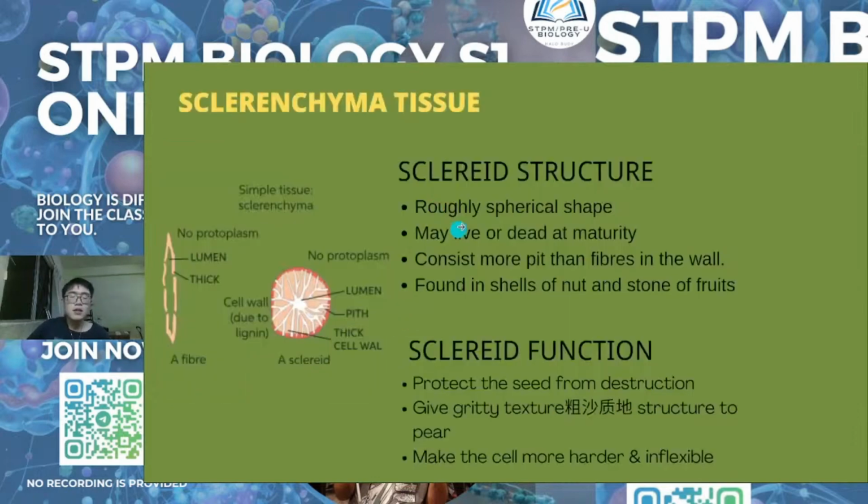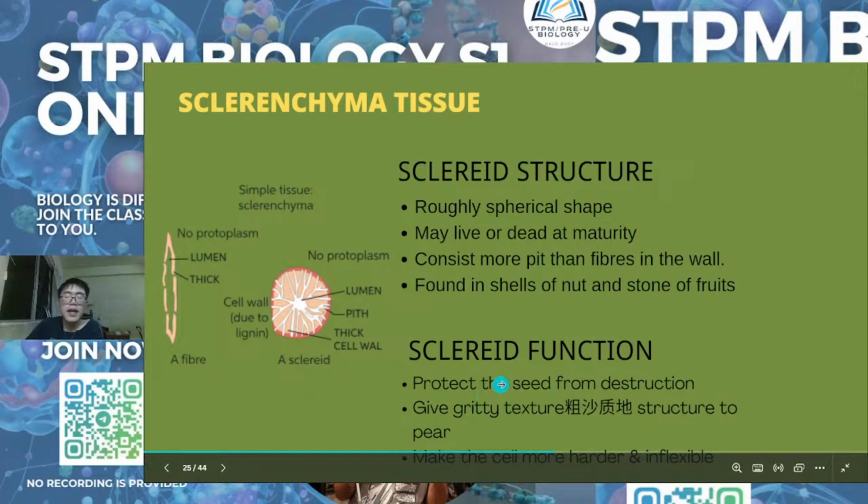Okay, next is about sclereid. The sclereid is spherical in shape, and may be alive or dead at maturity, normally dead, and has more pits than fibers in the cell wall. It is found in the shell of nuts and the stone of fruit. Its function is to protect the seed from destruction and give a gritty texture to the fruit.